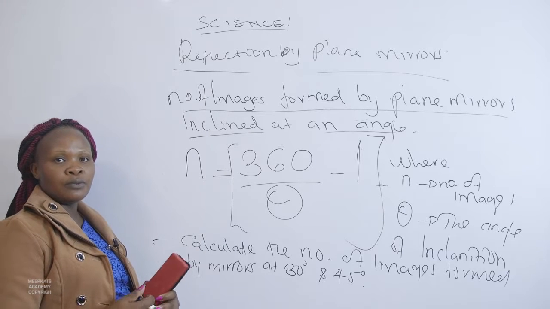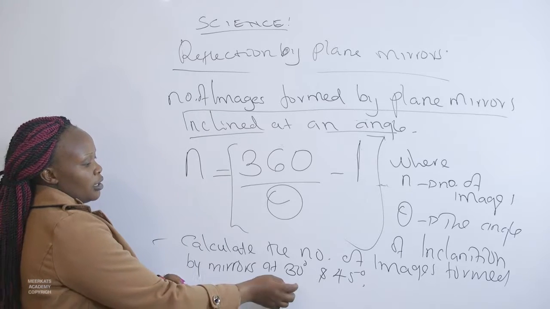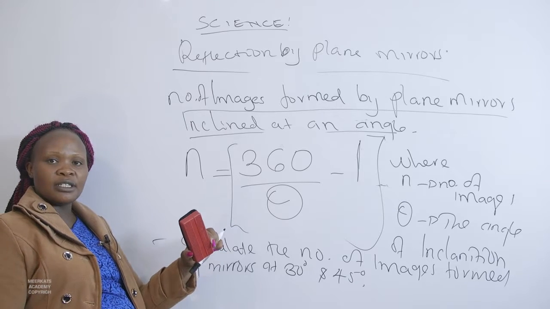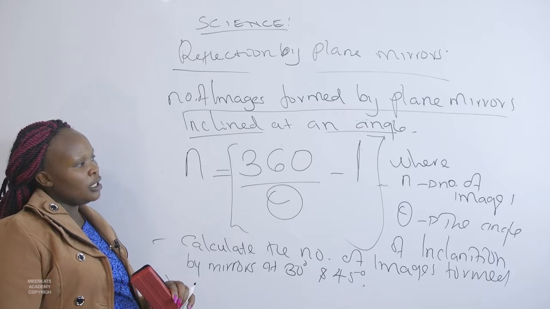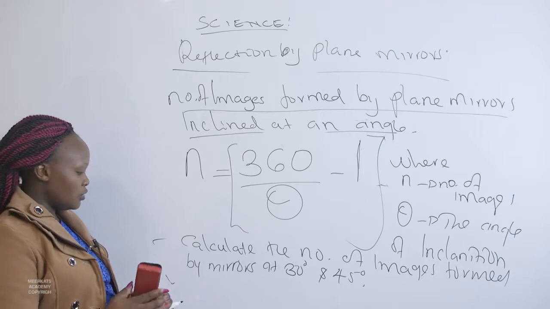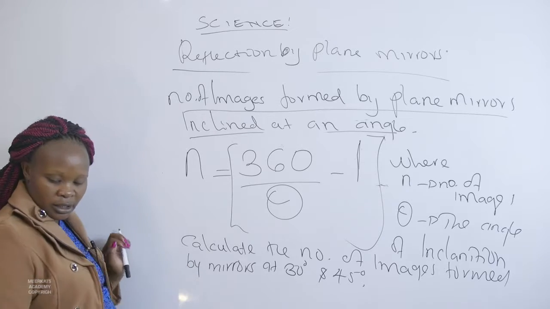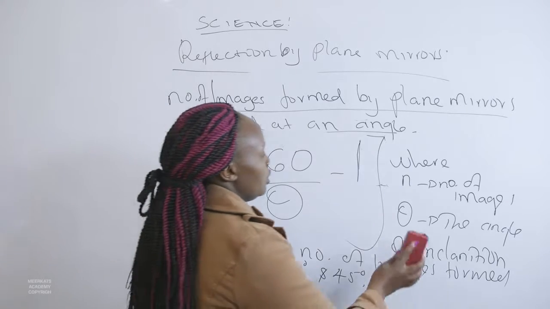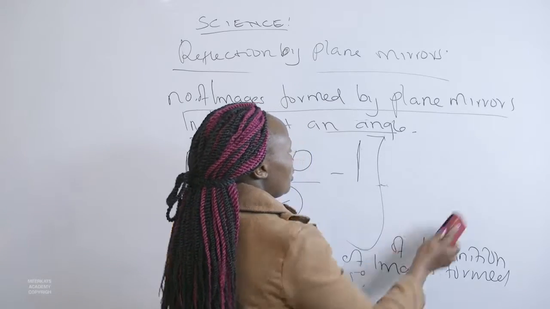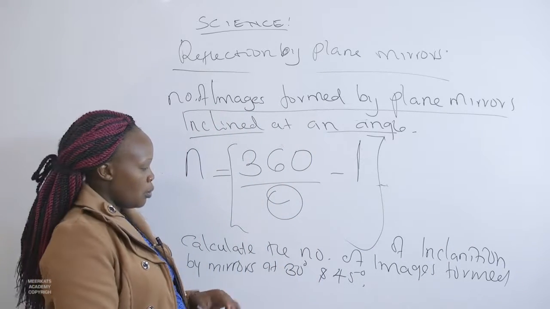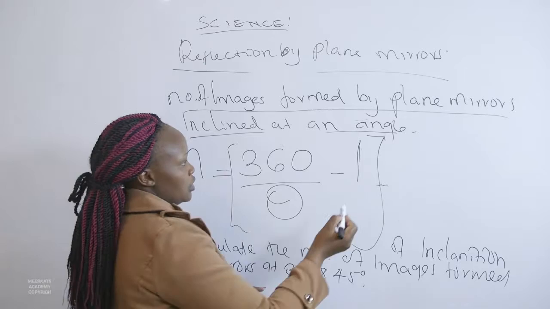Now what you do, you just take your angle and substitute its value in the relationship that we have just had. Let us try and see what will come out of it.